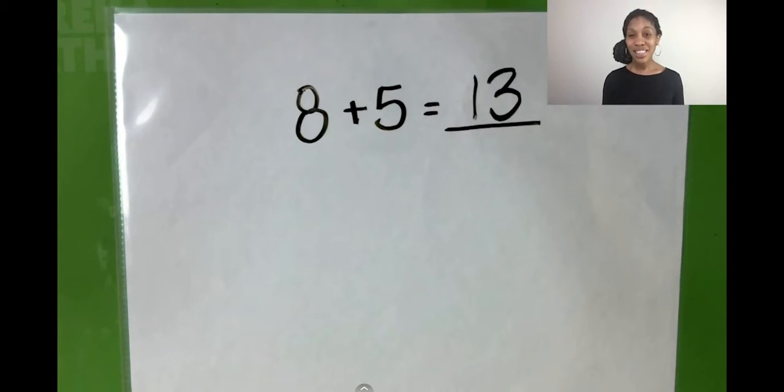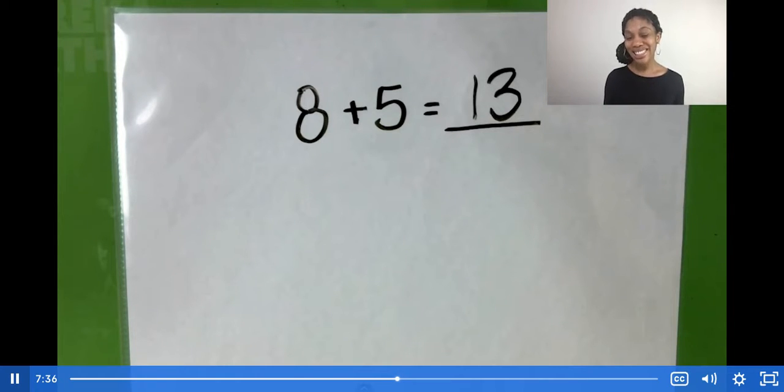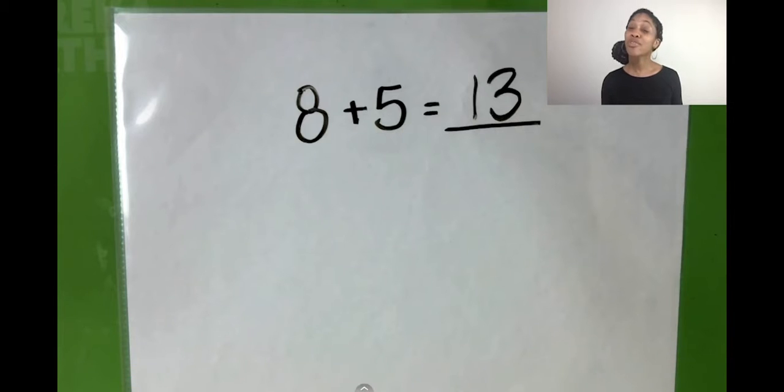Well, let's think about the number 13. Do we have any 10s in the number 13? That's right. We have 1 10. Do we have any extra ones? Yes, we have 3 extra ones.